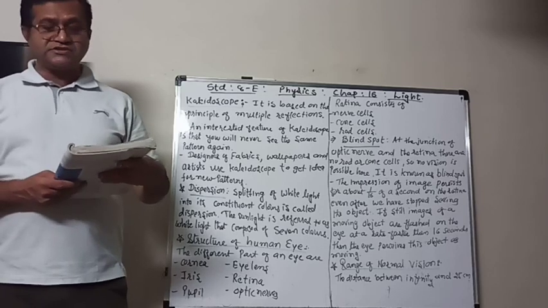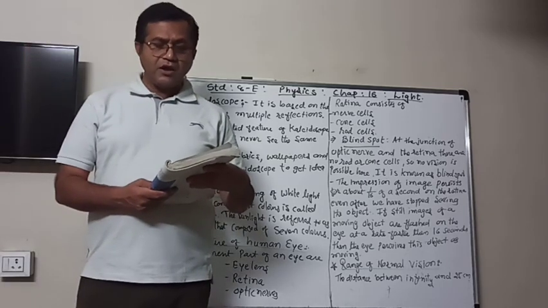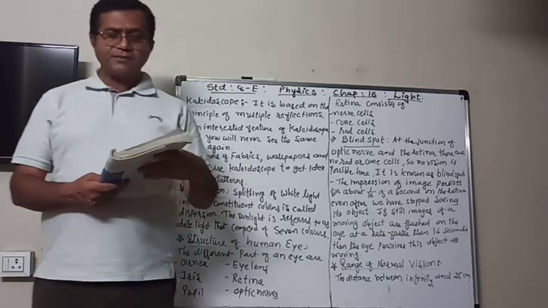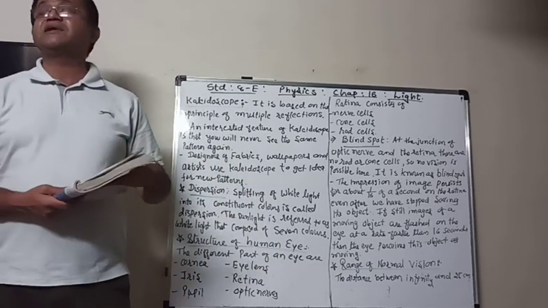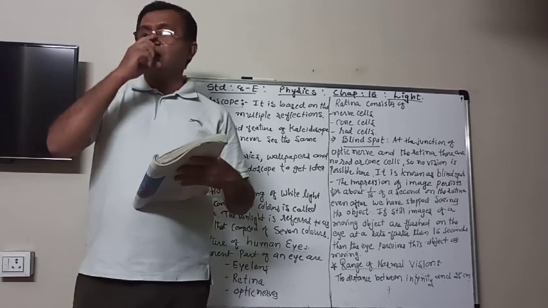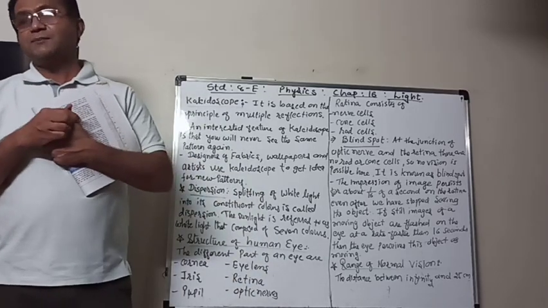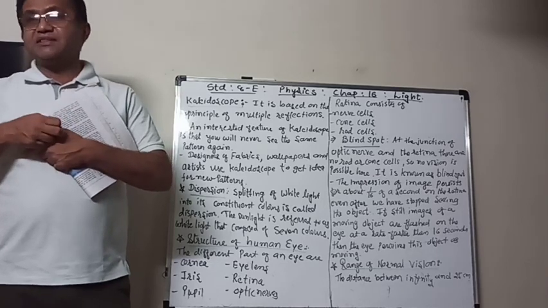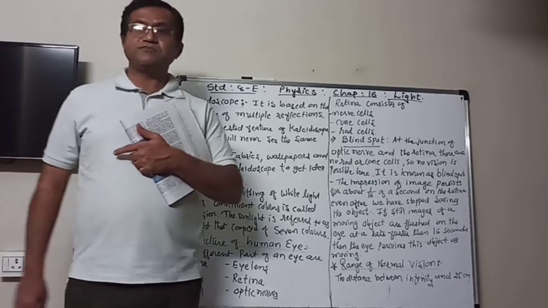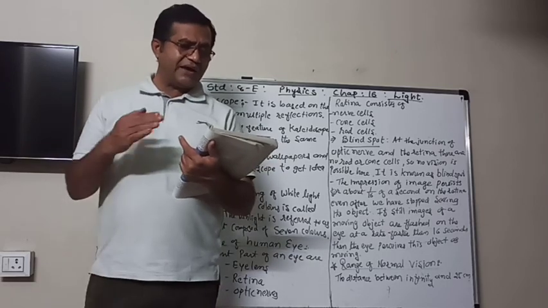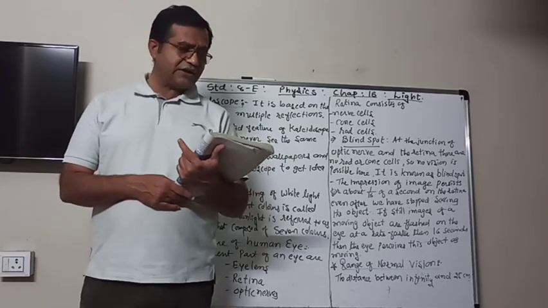I told you that it is a convex lens, and the lens focuses light on the back of the eye, on a layer called the retina. So when light enters through the pupil, it falls on the lens, and then it makes the image on the retina, which means the ray of light falls on the layer known as the retina.